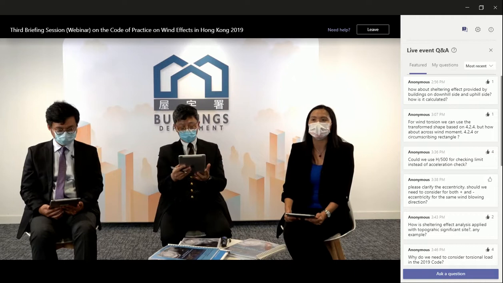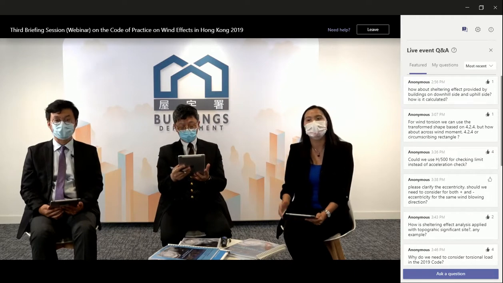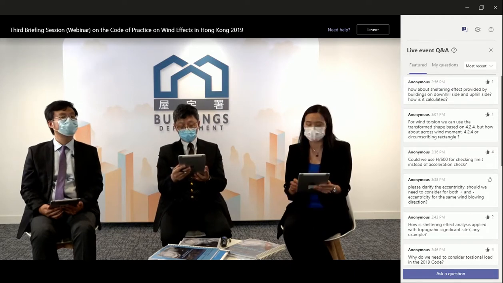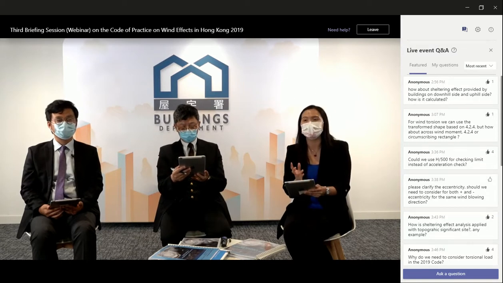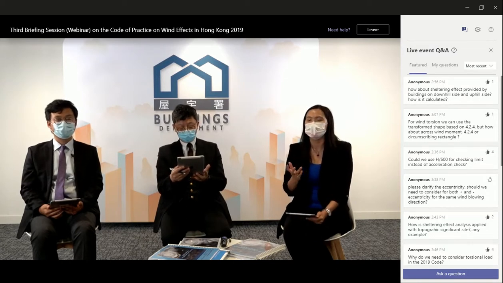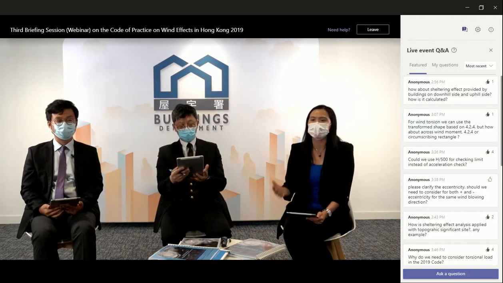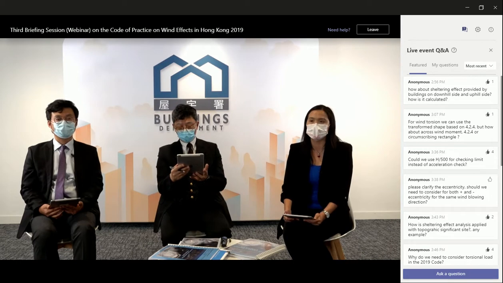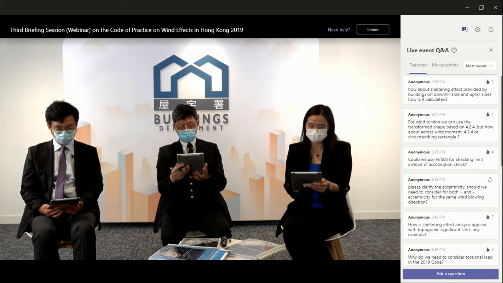So we expect that the direct sheltering effect comes from buildings outside the site. So buildings within the same development, that means even Tower 1 and Tower 2, the effects of such sheltering should not be allowed. Yes.